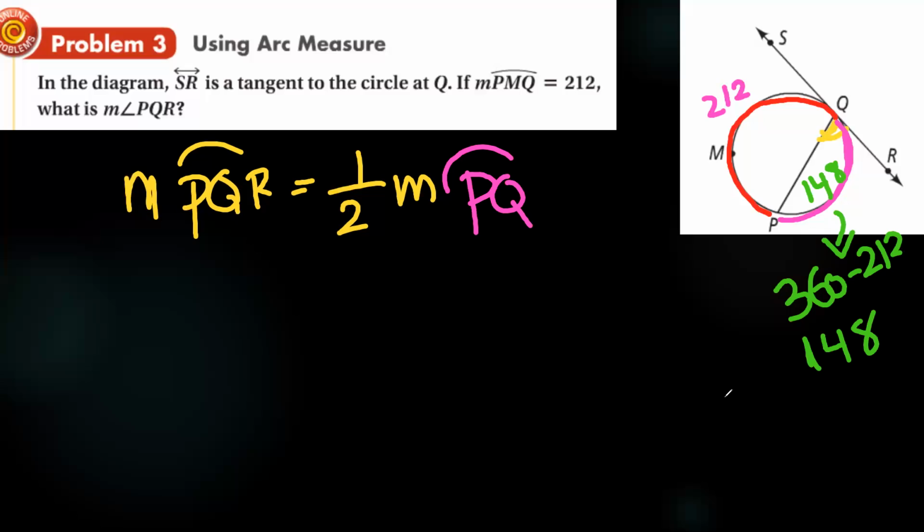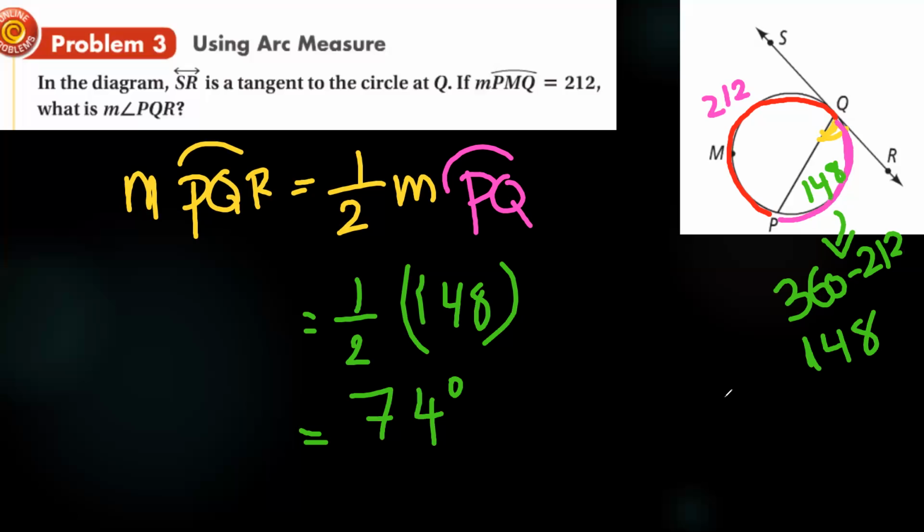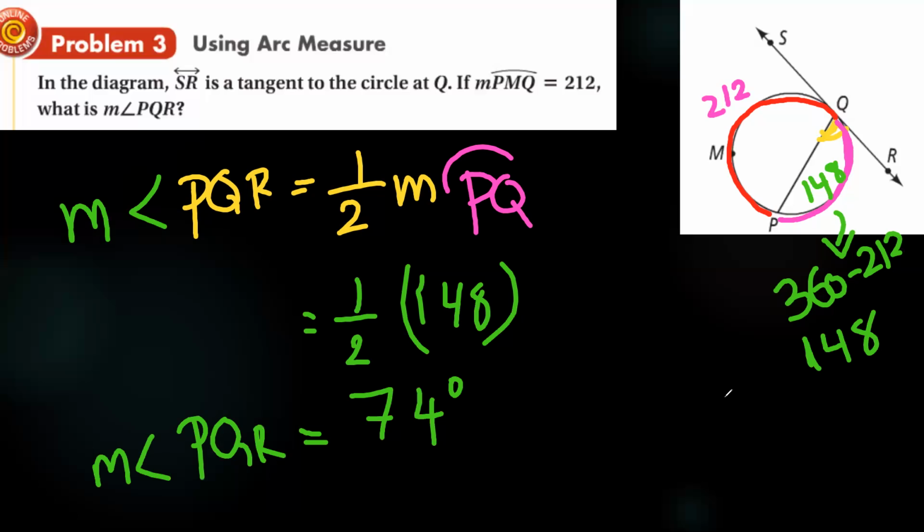Now half of this arc will be the measure of the angle PQR, which is 74 degrees. Sorry, this is an angle, not an arc. It will be 74 degrees.